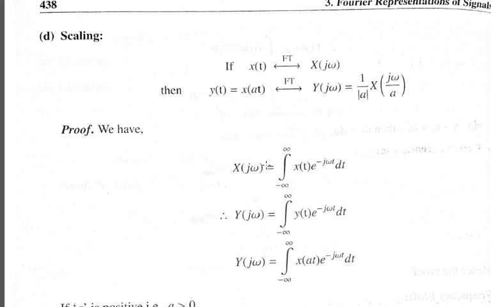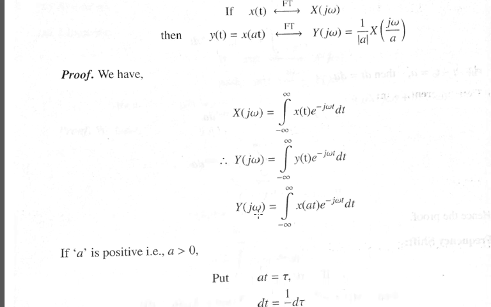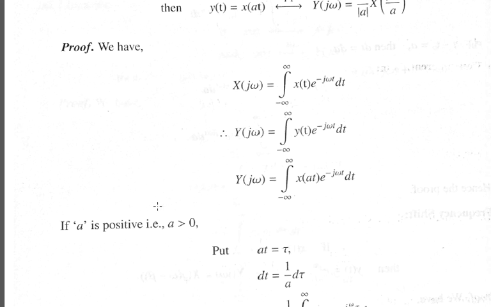So we write the Fourier transform equation corresponding to x of t, and similarly for y of t, y of j omega. Then in the y of j omega equation, y of t is the scaled version of x of t, which we substitute. Now we consider that a is positive, a is greater than 0.